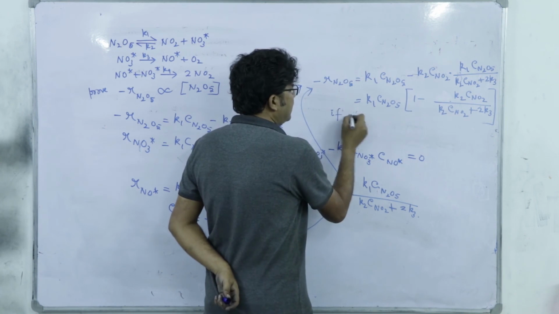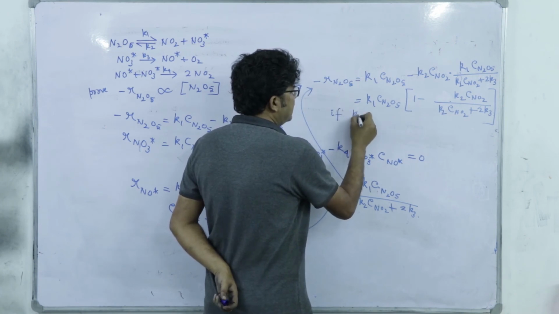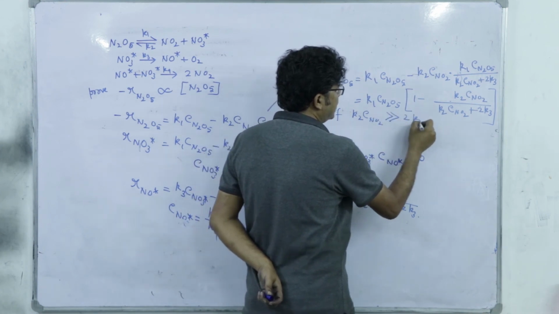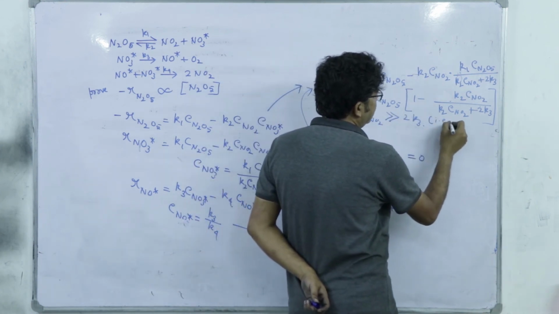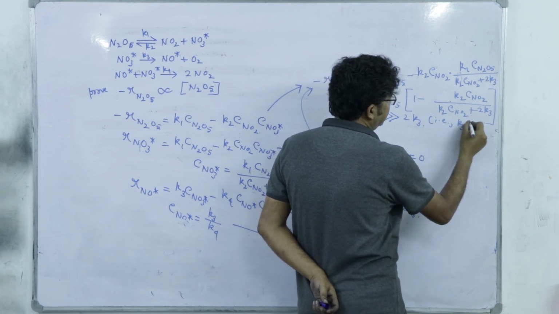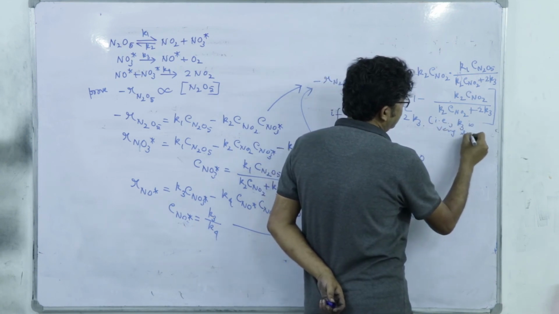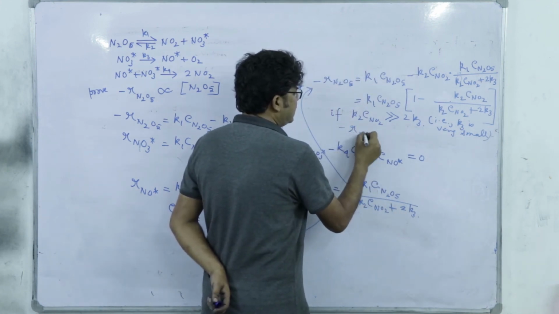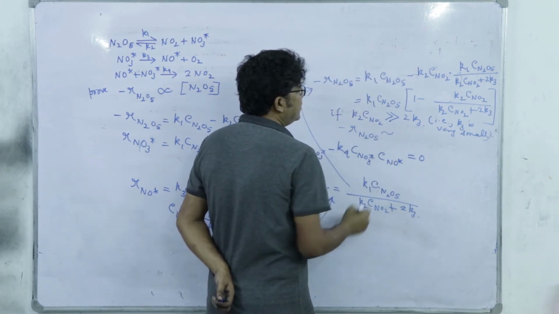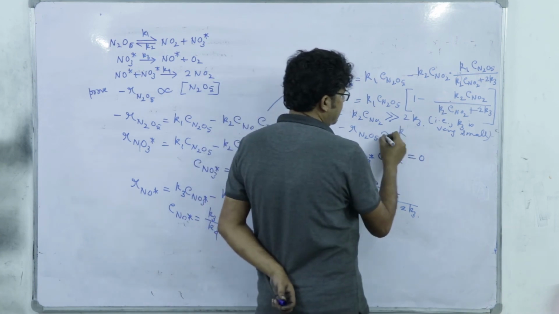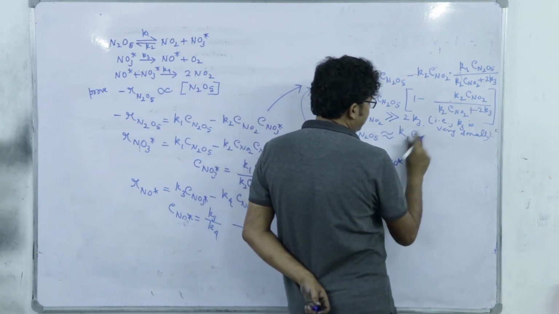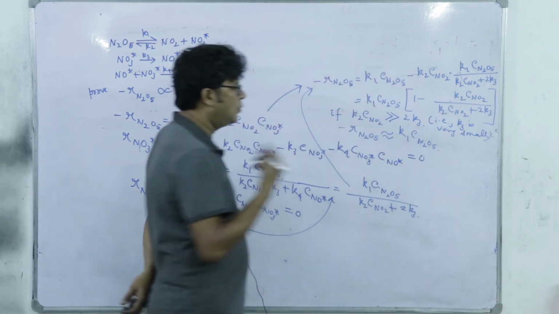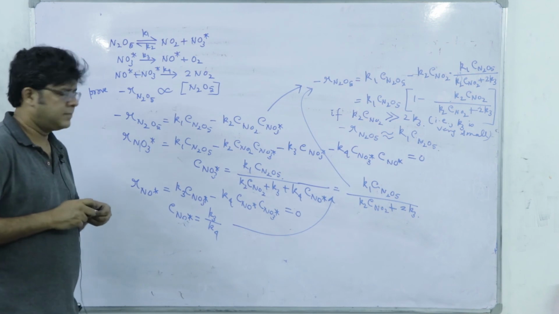If, however, this K2 CNO2 is much greater than 2K3, that is, K3 is very small, negligible, then minus Rn2O5 is nearly equal to K1 CN2O5, which explains the first order kinetics as observed.